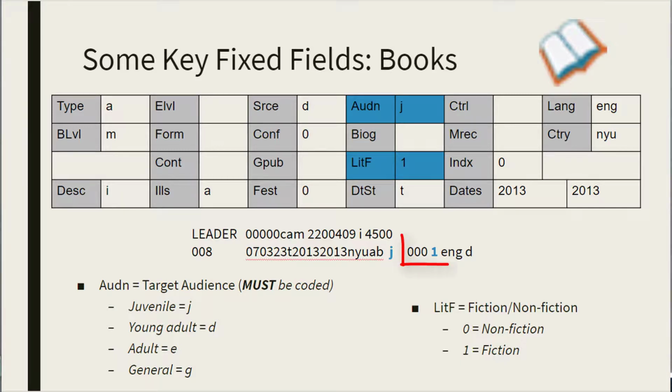And you can see in the 008 that goes very near the end, right around where you see the ENG for English in this case. A lot of this you can find just from the displays in the catalog, so you can see that it says it's juvenile or that it's fiction, and that's fine. But if you're curious, you can go in here and check these out just to make sure that it is all correct and going to be as usable as possible for your patrons.